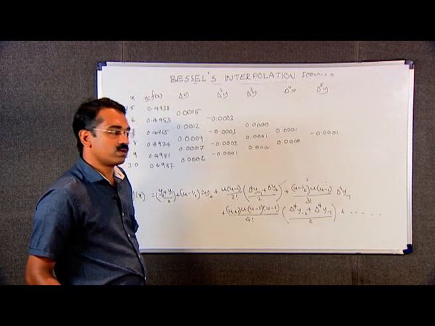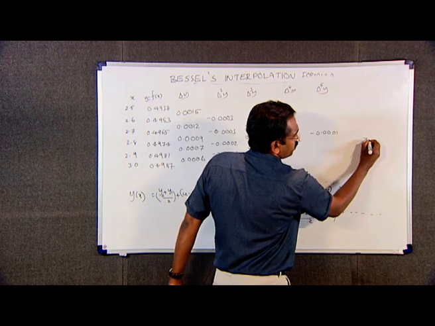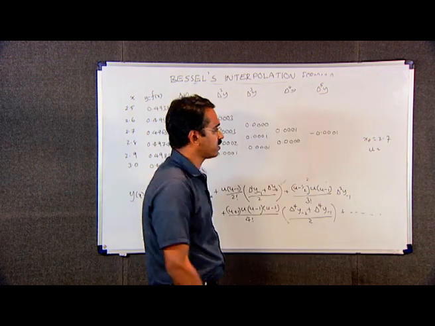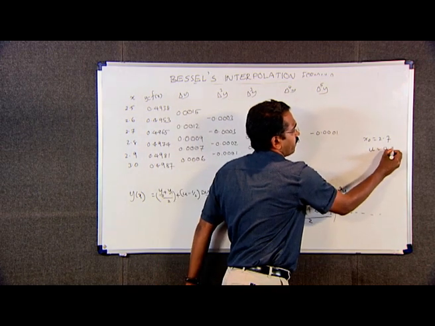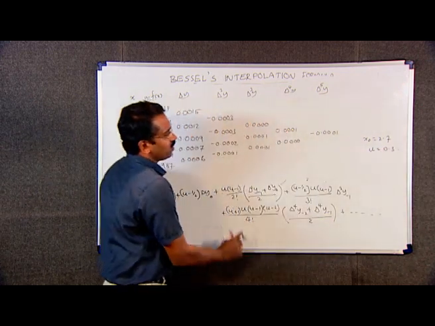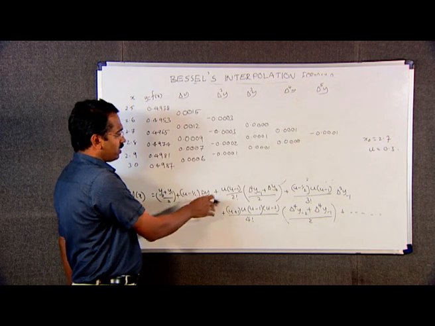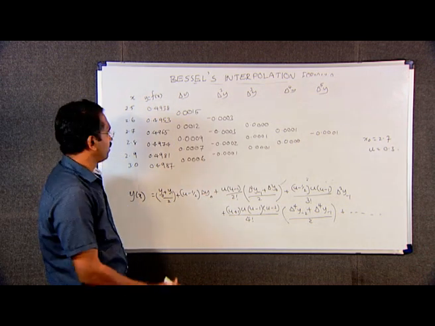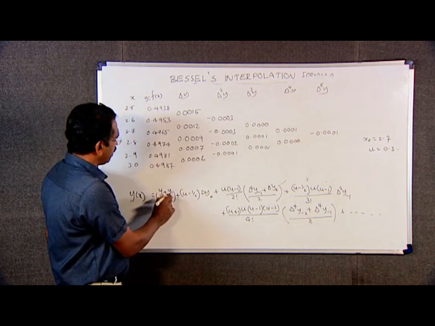Now, here x naught is 2.7 and the value of u is 0.3. Therefore, the terms contained in this formula are y naught and y 1.